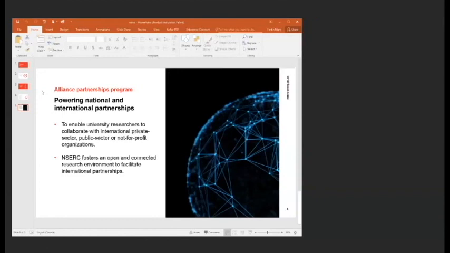More information to come on the Alliance International component, but this is something that we believe strongly in.